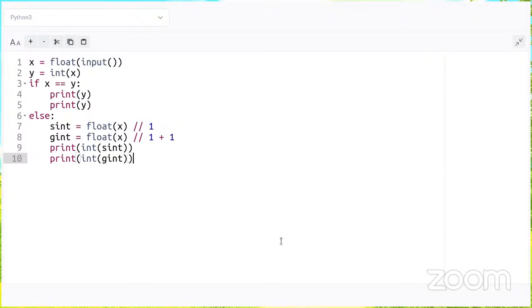Therefore, we are printing the same value 2 times because the smallest and the greatest number to that will be the same integer only. And in the else condition, we are using the floor function. The floor of x will be the lowest integer to that, and in the second one, we are adding 1 to that. So we will get the next greatest integer to that.